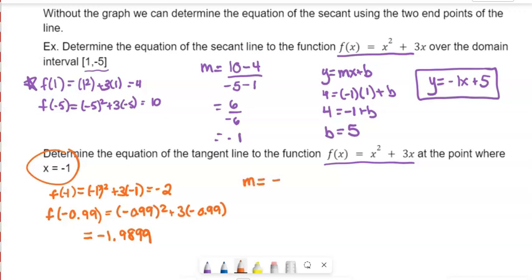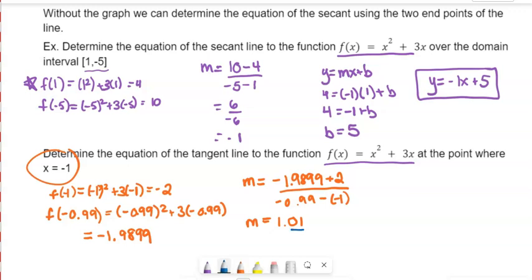I take my second y, and I subtract my first y. And then I divide it by my second x, subtracting my first x. Sorry, I missed a negative here. Okay, once I calculate that, I'm going to get the answer of 1.01.